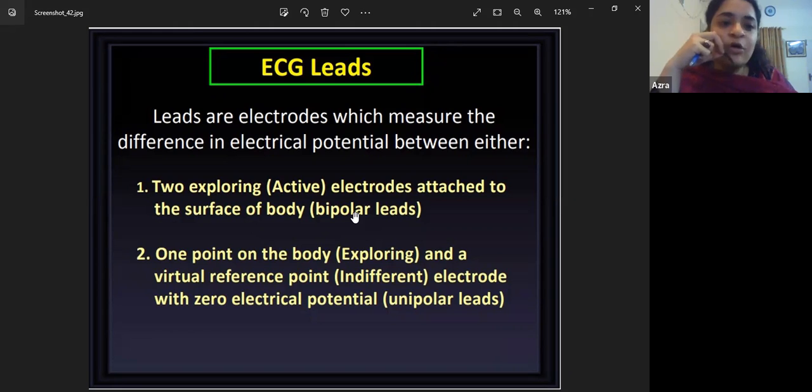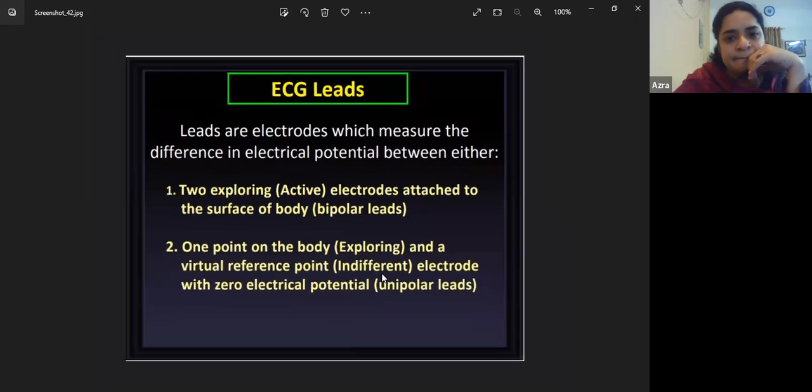Because no electrons, no positive and negative charges are moving. They are just connected, they are not working at that time. Understand? This shows an electrode with zero electrical potential. Zero electrical potential means that they are not working at that time.